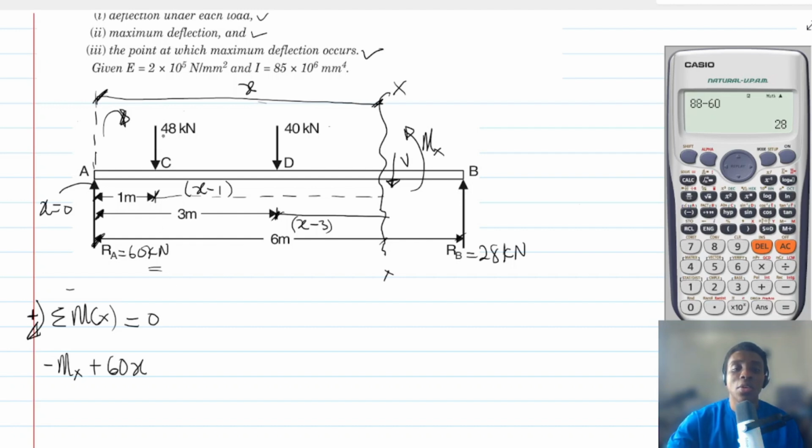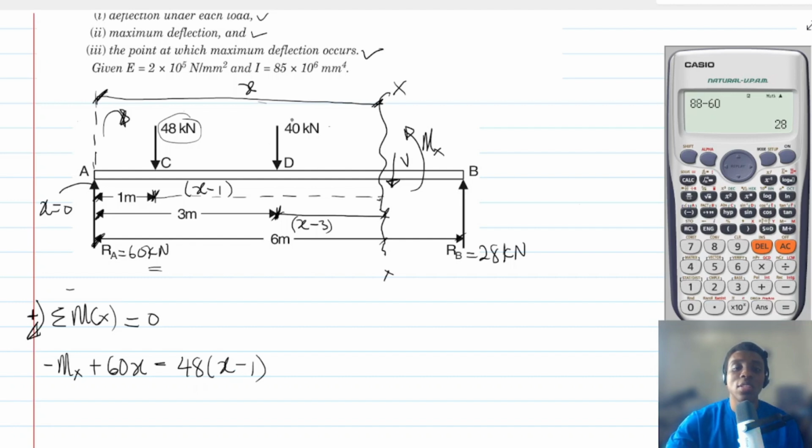Then we come to the 48. The distance from here to here is 1, but all the way up to here is x minus 1, so we will use that. The moment is counterclockwise, so it's going to be minus 48 into (x minus 1). Then you come to the 40 kilonewton. The distance from here to here is x minus 3.